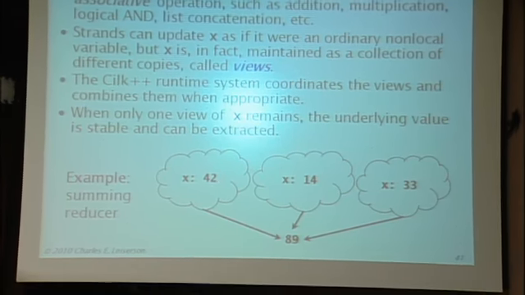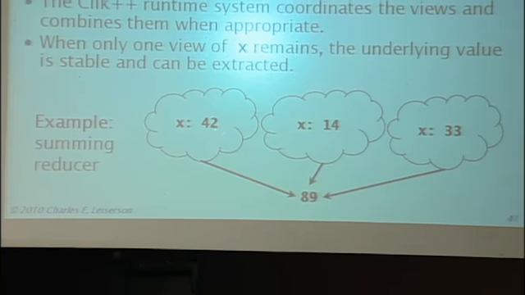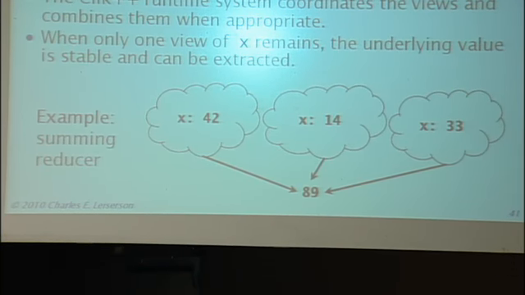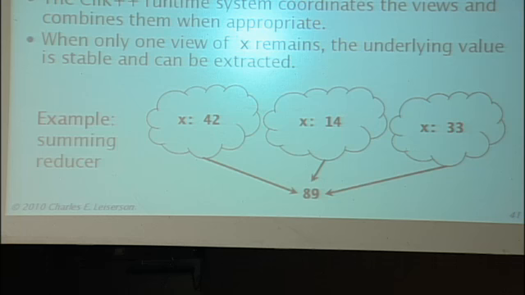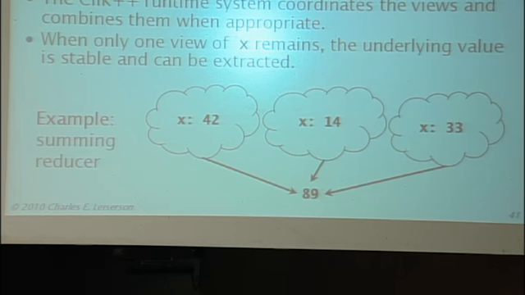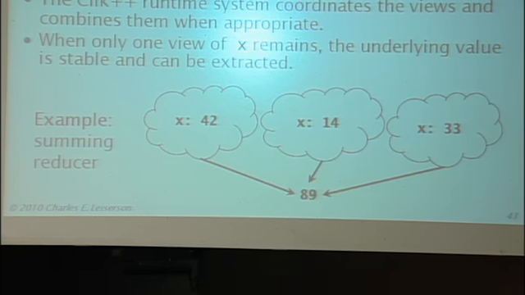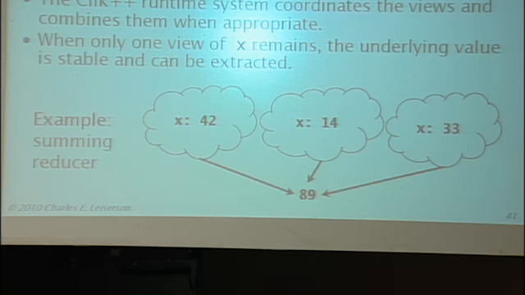Locally I can increment this, and this guy can independently increment his view, and it has the effect that it increments whatever the total sum is. Then the runtime system combines everything at the end to make it the value when there's no more parallelism associated with that reducer.